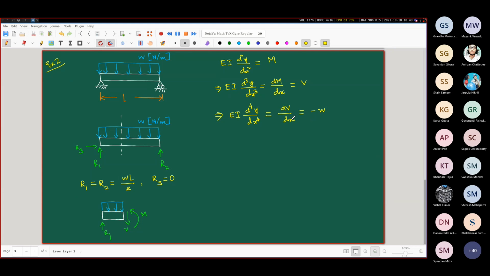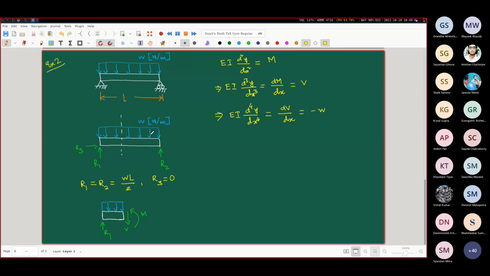I had just mentioned in passing in class in the chapter on bending of beams, but this has a good application in this case. Why it is a good application, you will see in a moment. So now, effectively what we are having is that EI d4y dx4 is equal to minus w. This w is the distributed load. Now in this particular example, w is a constant.